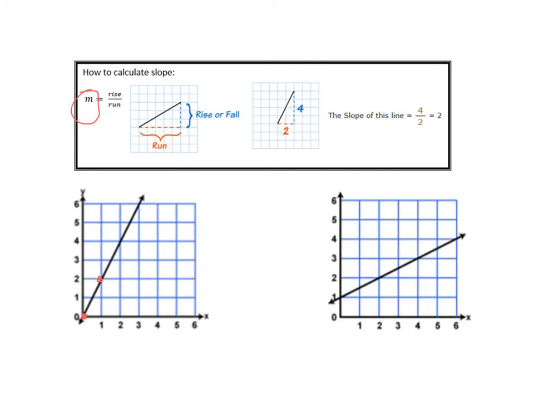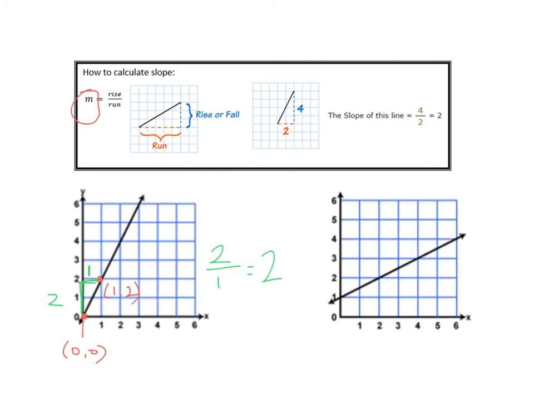I know those coordinates are very obvious to me. 0, 0, and this one is 1, 2. Okay, so if I do rise over run now, and I'll use a different color pen here, the rise in this case is 2, went up 2, and it went over 1. So then rise over run, 2 over 1, gives me a slope of 2.